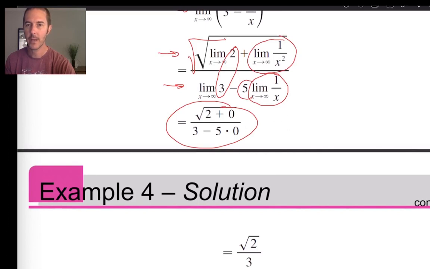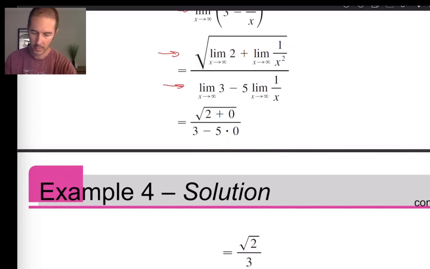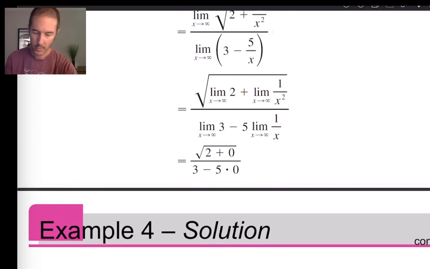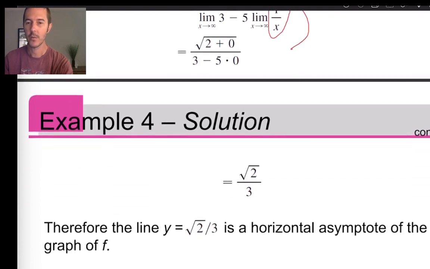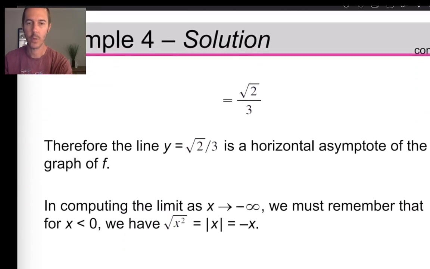But if you look back at this statement, right before we applied the limit, and you send x to negative infinity instead of positive infinity, you'll see that these two rational functions, when you apply the limit, would get a 0 value also when you send x to negative infinity. So you would get the same limit as x goes to negative infinity. Your limit would be the square root of 2 over 3.